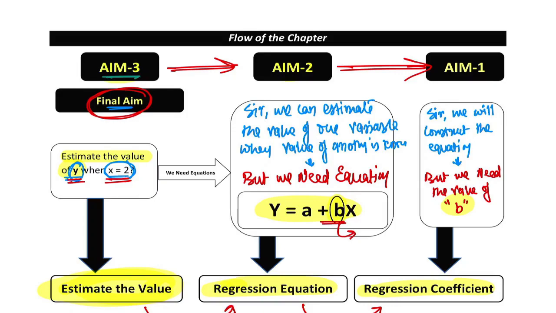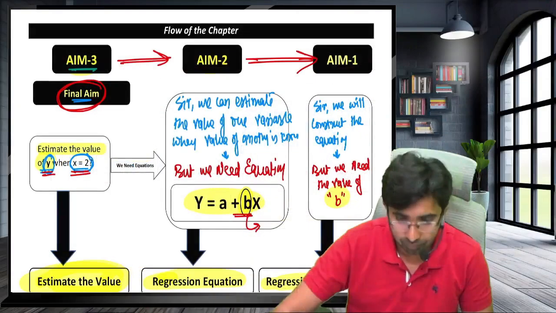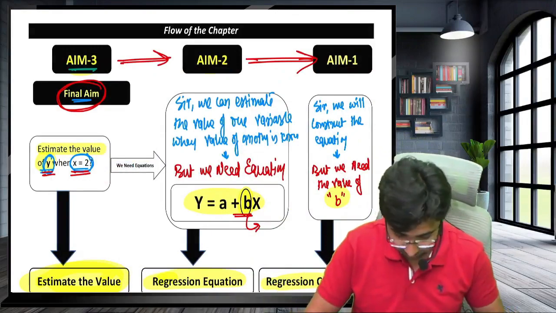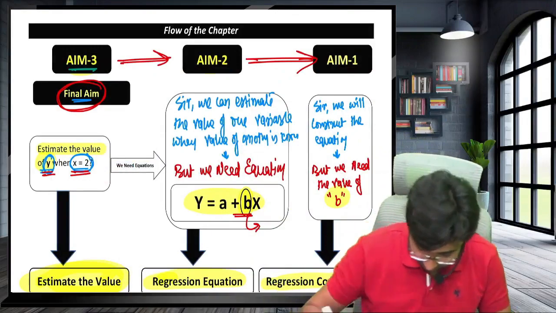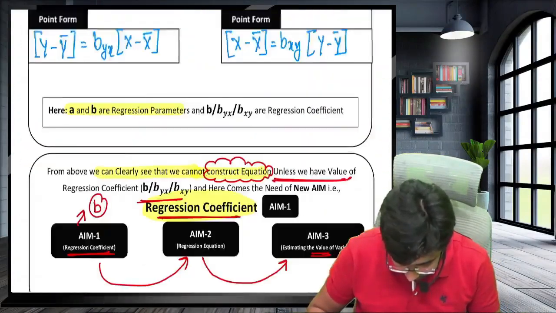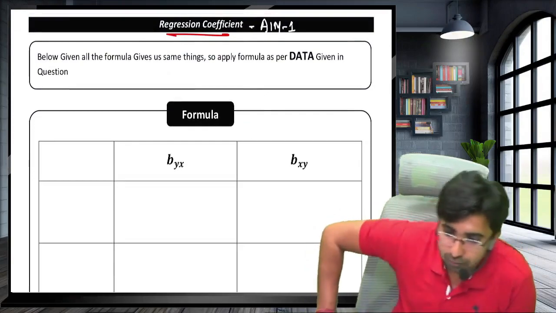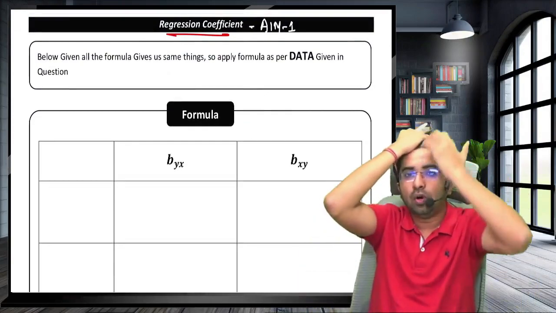Guys, done? Okay, now we can start. Now see. Guys, now can I say, sir, we need to have the value of b first.